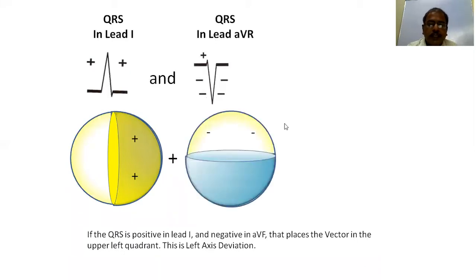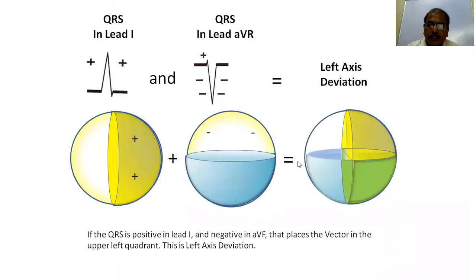Now, let us see lead AVR. In lead AVR, the QRS is negative. That means the upper sphere is negative and the lower one is positive. So in that case, where will the mean vector, the mean axis, go?